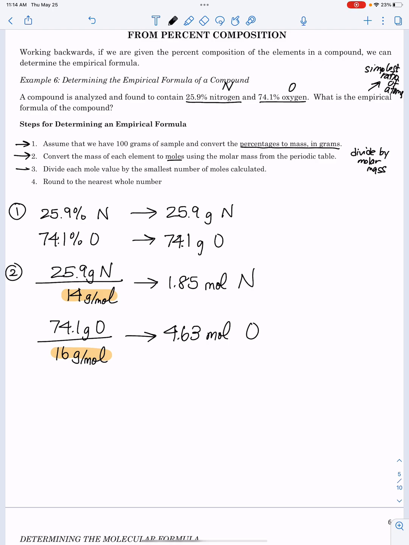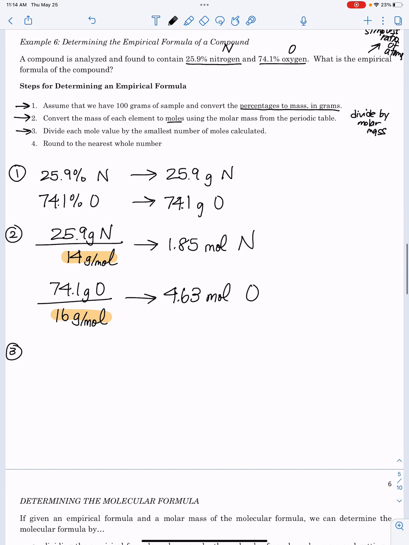So let's do our third step. The third step is divide each mole value by the smallest number of moles calculated. Between 1.85 and 4.63, I am going to choose 1.85 as my lowest moles.